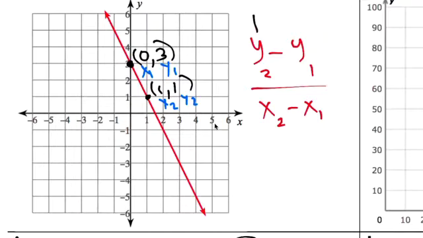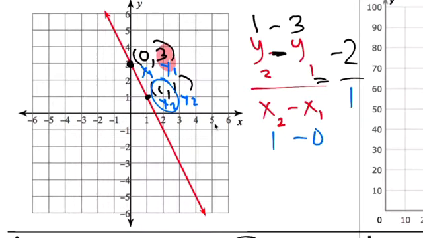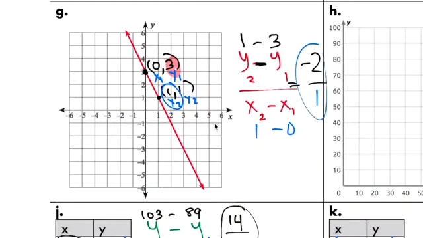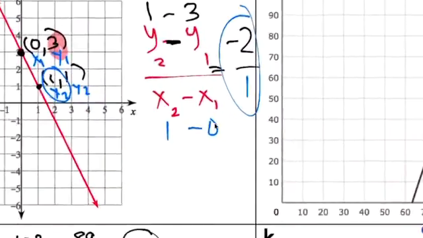Y sub 1 is a 3, so you put a 3 on there. You minus that because it says minus here. You get negative 2 over x sub 2 is a 1. X sub 1 is a 0. So negative 2 over 1 is your answer there.